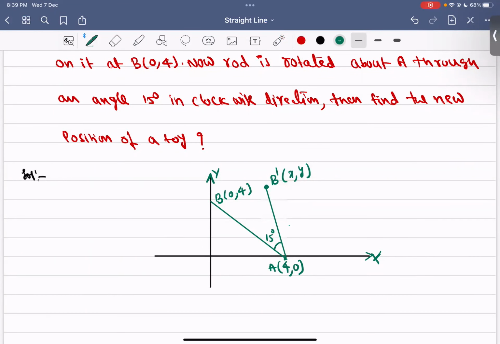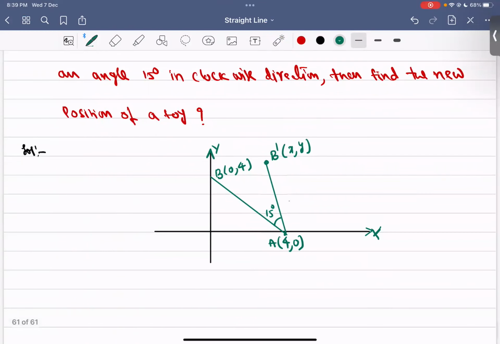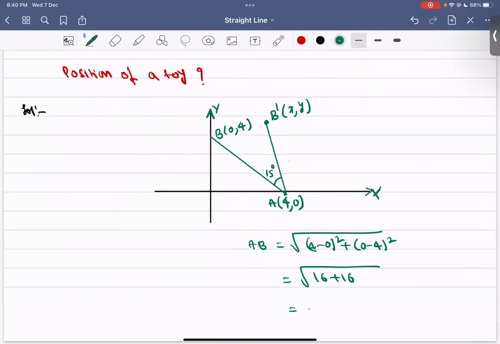Now first we calculate the AB distance. A is a fixed point. AB distance is R. So what is the AB distance? Distance between 2 points: square root of (4 minus 0) whole square plus (0 minus 4) whole square, that is 16 plus 16, which is 32, that is 4 root 2.